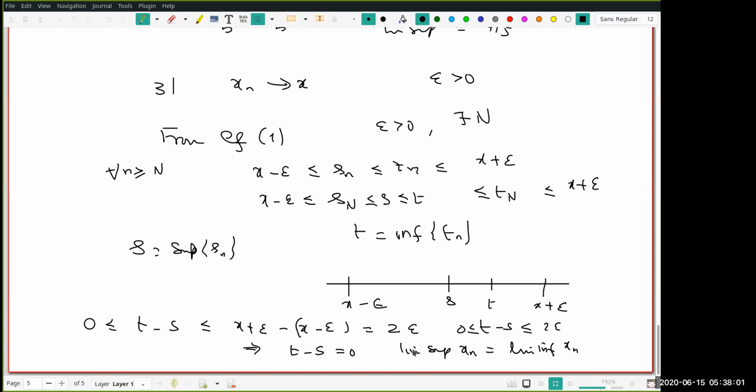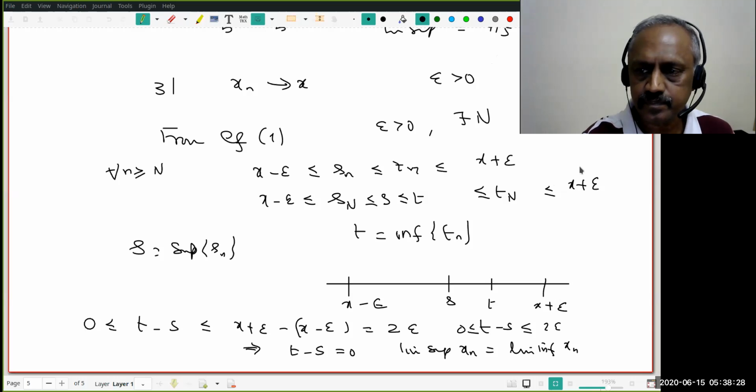The next question I can ask is, do I know what they are? So what you have shown is that lim sup equals lim inf, but do I know what they are? We will prove in a minute what it is.